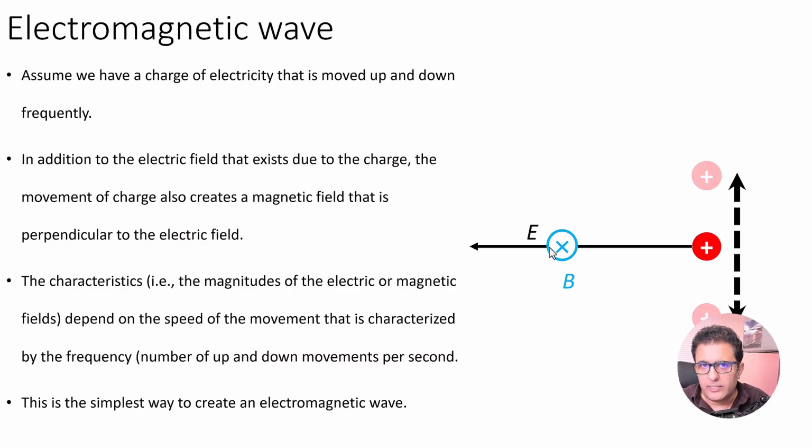This produces a wave that is called an electromagnetic wave. So whenever we have an electric charge that oscillates, it produces an electromagnetic wave. What I mean by electromagnetic wave is that we have an electric field and a magnetic field at the same time, and the magnetic field is perpendicular to the electric field.